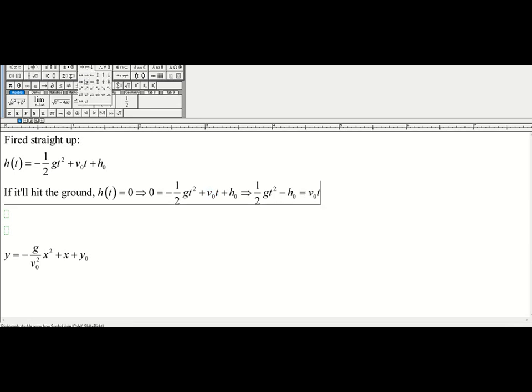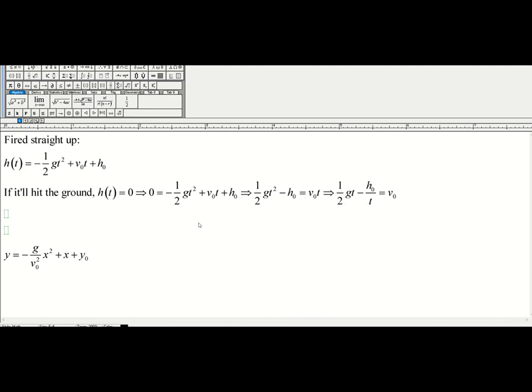And then divide by T, so that one will lose a T, so I'll get 1/2 G T minus, and now I'm going to have a fraction, H naught over T, equals V naught. Alright, so we got a formula ready to go that we made from vertical motion. And that's going to be from our given info, so that's going to set us up.